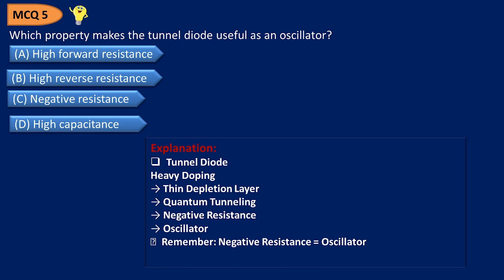A tunnel diode is heavily doped, so its depletion layer is thin, and it works on the phenomenon of quantum tunneling, and its working area is negative resistance. For these characteristics, the tunnel diode works as an oscillator. So the property is negative resistance, and the correct option is C.